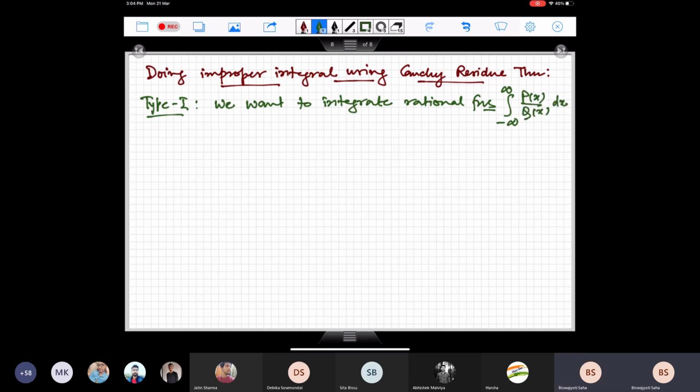This is the general form of the integral, but of course I need certain conditions to make sense of it. First of all, q(x) is not equal to 0, so the polynomial in the denominator does not vanish on R.